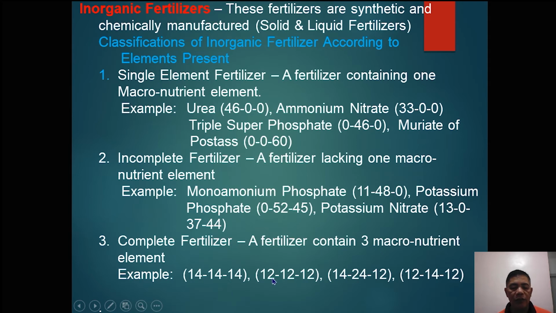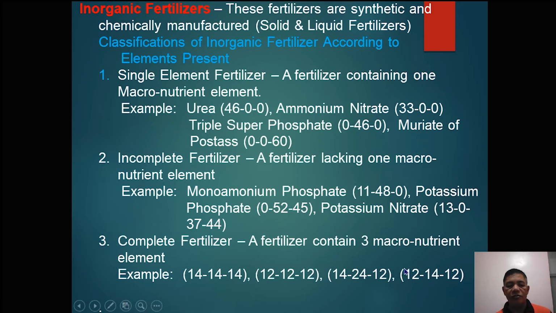Then 12-12-12, meaning there's 12% nitrogen, 12% phosphorus, and 12% potassium. Triple 12. This one, 14% nitrogen, 24% phosphorus, and 12% potassium.